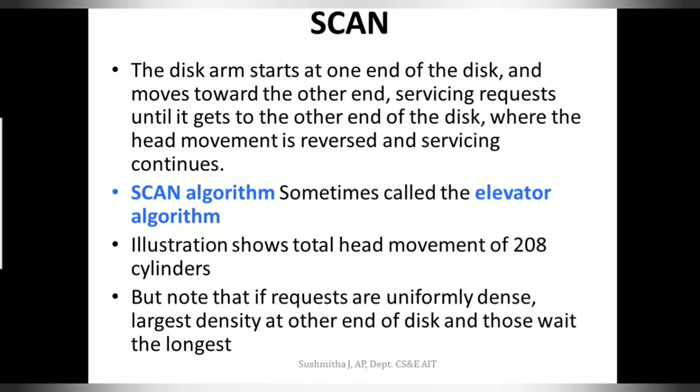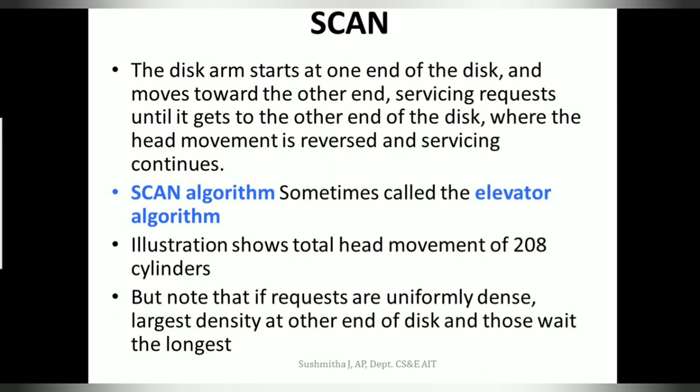The disk arm starts from one end of the platter or the disk and moves towards the other end, servicing the requests as it reaches them. So whichever cylinder request it encounters on the way, it goes on servicing that.